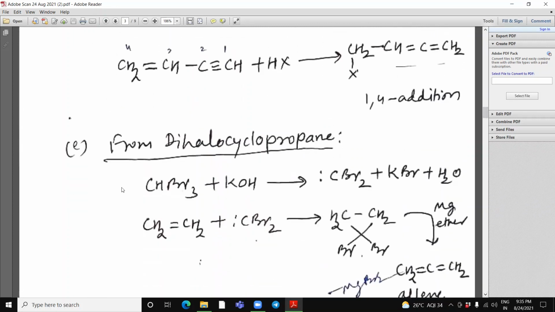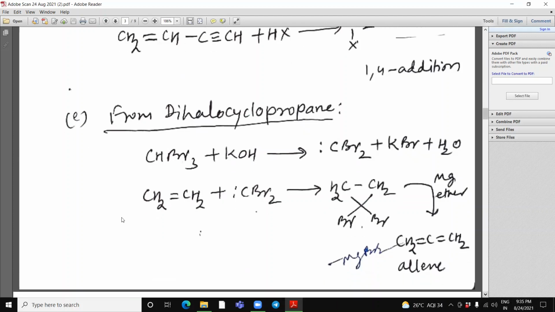From dihalocyclopropane we can prepare allene. See here how this dibromocarbene is added to ethene and it will give us the allene.